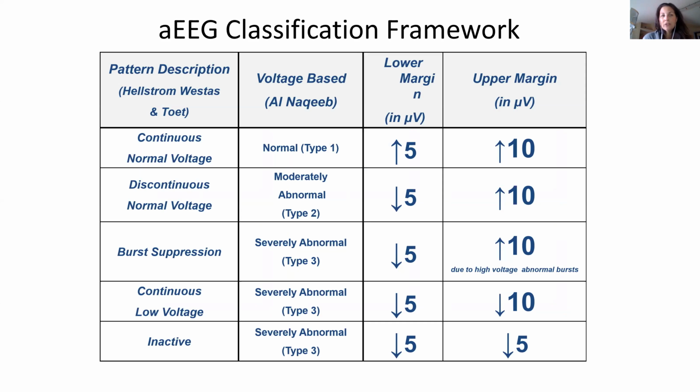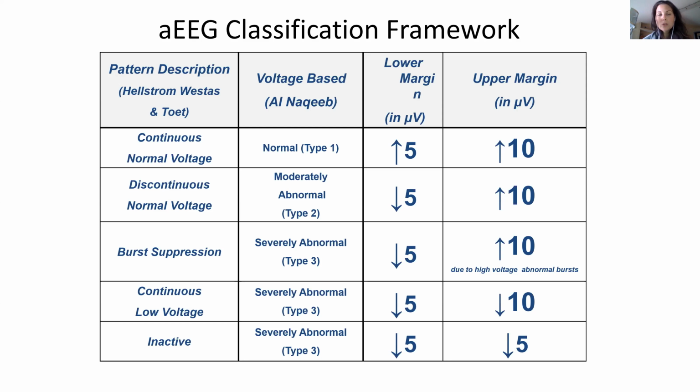Well, we definitely use the pattern descriptions from Hellstrom-Westas, but we combine that now with the voltage patterns. Probably all of you are very aware of this, right? So for normal, that term baby normal, we're looking for upper margins greater than 10, lower margins greater than 5. And the most important feature for term babies is the continuity, which is the lower margin.